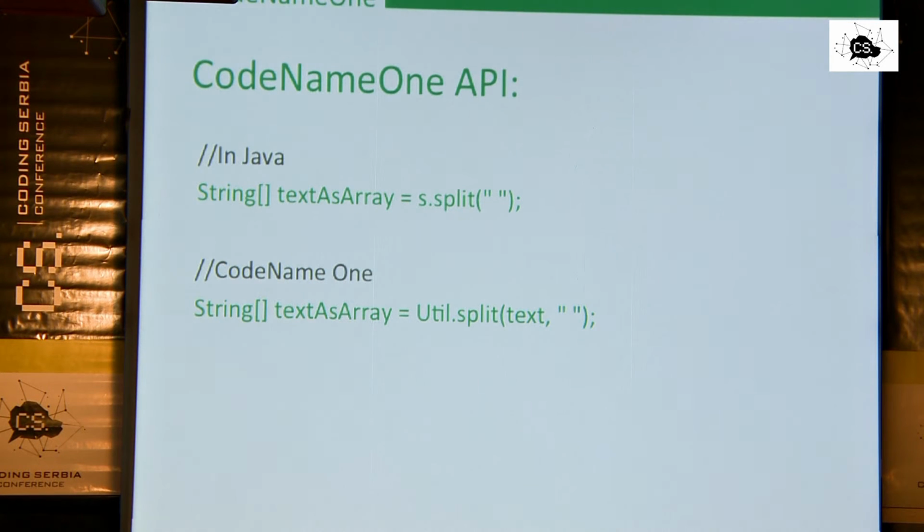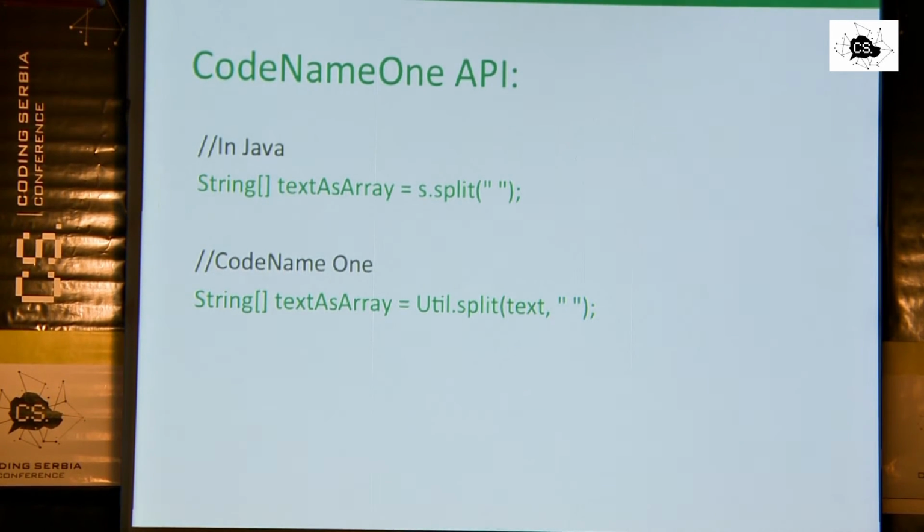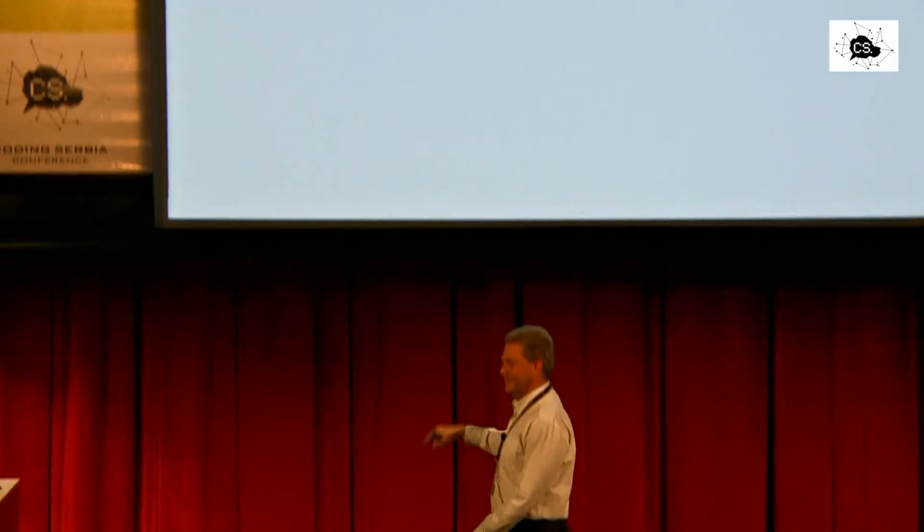But not everything is so nice, because this is Java, and this is everything we use in Java, but sometimes something is not working well. For example, if you try to do a simple string split, you will receive red lines saying it cannot be compiled.